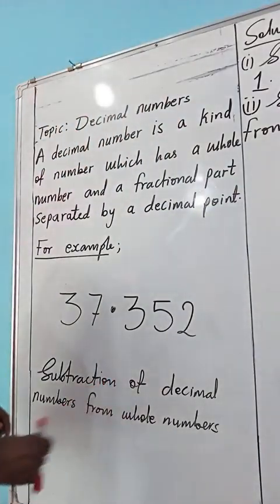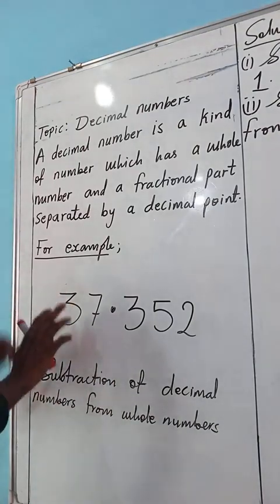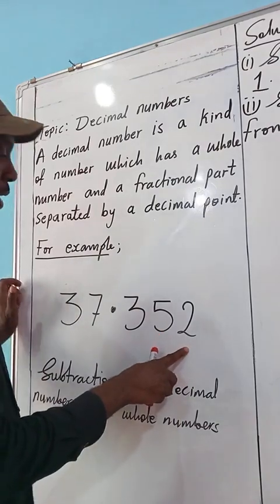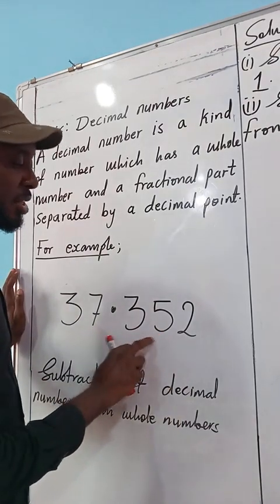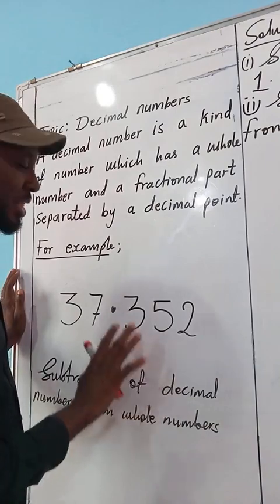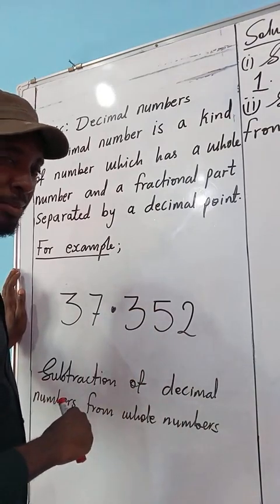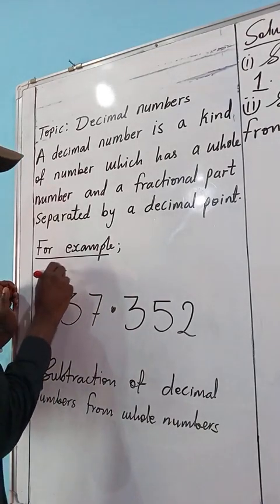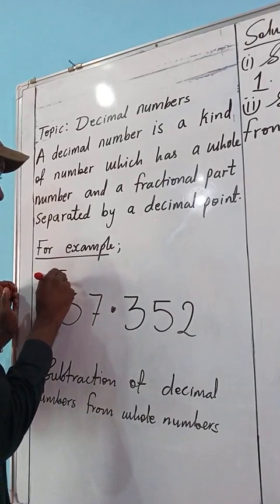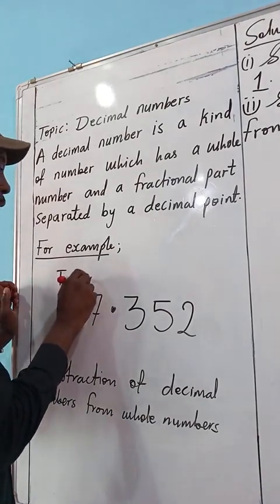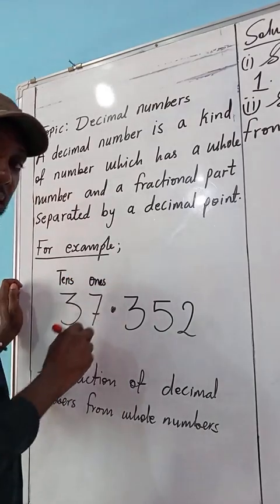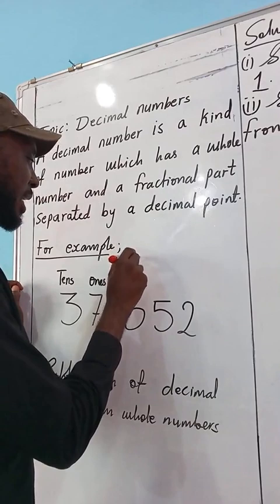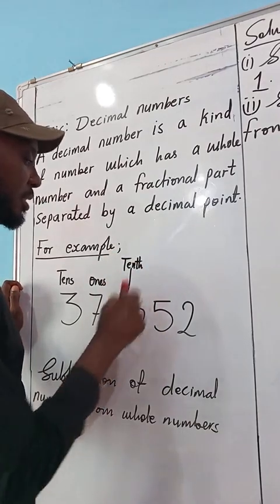For instance, we have 37.352. We'll never say that this is 352, no, because they are not up to 1. Because this is tens, this is ones, this is tenths, that is 3/10.